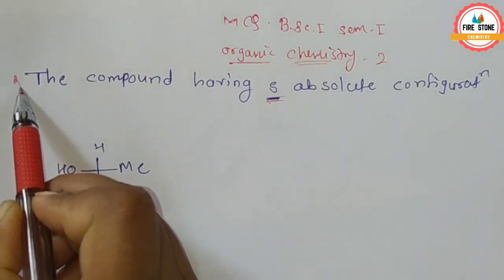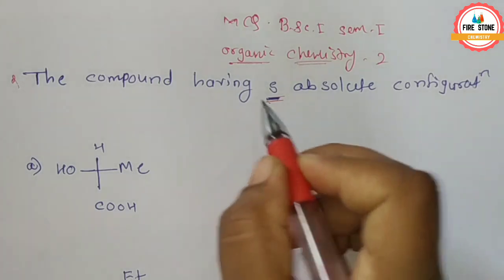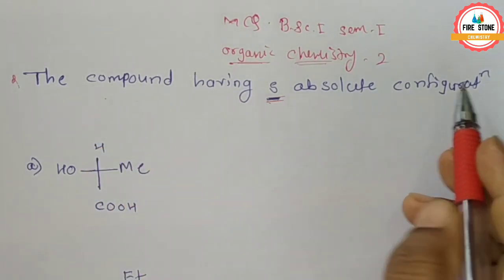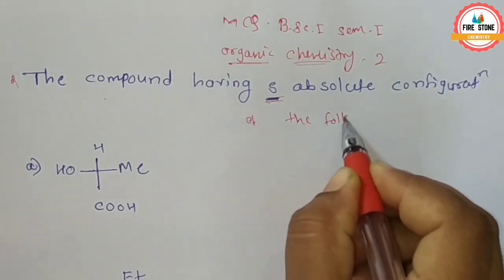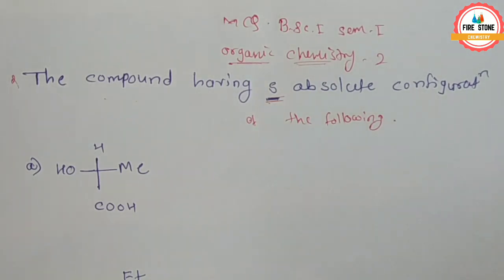Here one question is given for multiple choice questions. Four structures are given and they ask for the compound having S absolute configuration of the following, and they give 4 options.